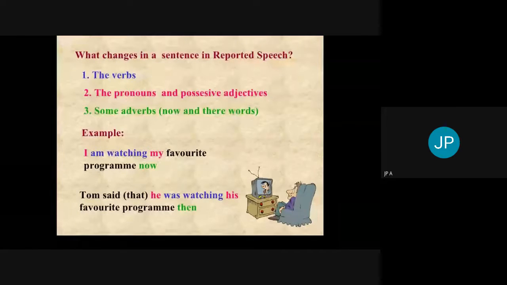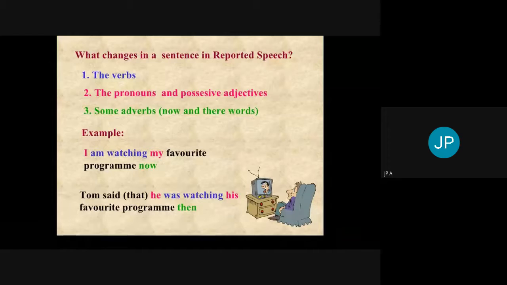There are certain word changes, that is, pronouns, adjectives, etc. Some adverbs change. Adverbs means now, here, then, there, etc. അങ്ങനെയുള്ളതിനെയാണ് adverbs എന്ന് പറയുന്നത്. There are changes in pronouns, my, his, their, etc. All these pronouns also change.